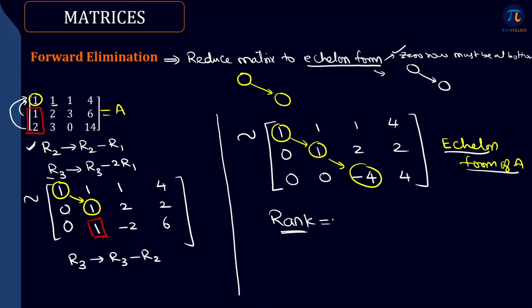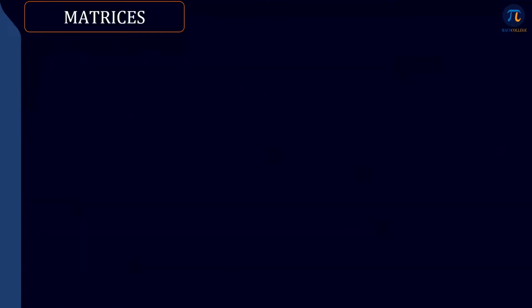Rank is how many non-zero rows are there in this matrix. All are non-zero rows, so 3 non-zero rows, that is rank. So echelon form can give you rank directly, and this is the easiest way to find rank of the matrix.